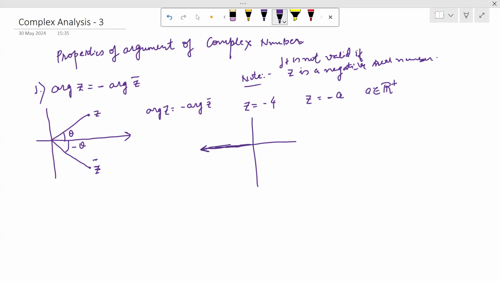And whether I write Z bar or Z, they're one and the same thing, because if you take a conjugate of a real number, it remains the same. Both of them would be equal to pi. So this property is no longer valid. Remember that this property cannot be applied, or is not true, if Z is a negative real number.